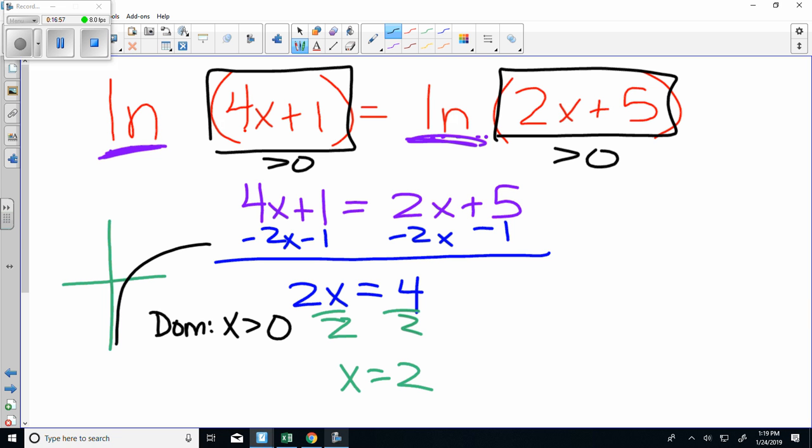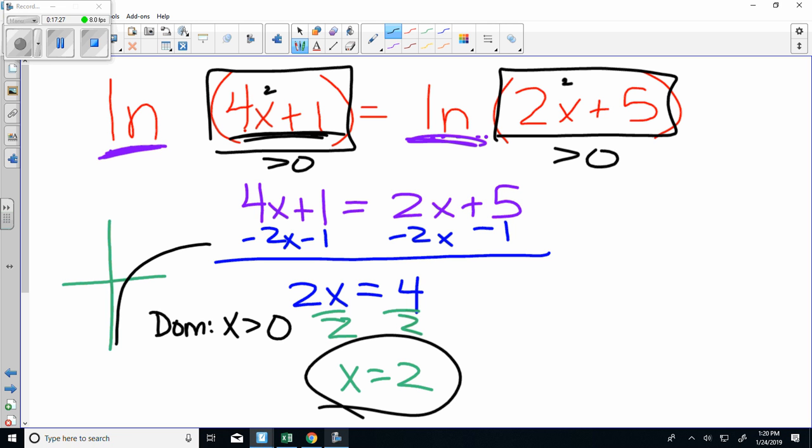When you solve a logarithmic equation and get a solution, you need to check that whatever is here is greater than 0. If you substitute a 2 into that, 4 times 2 is 8 plus 1 is 9, which is greater than 0. And on this side, 2 times 2 is 4, plus 5 is 9, which is greater than 0. And so that would work.